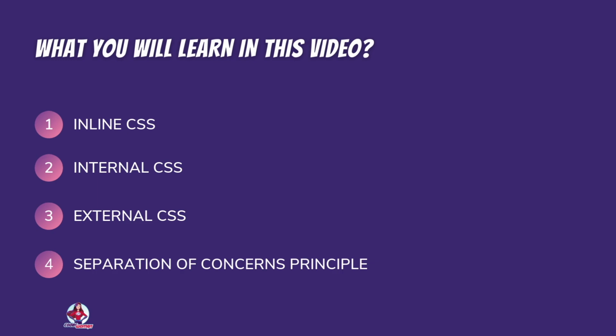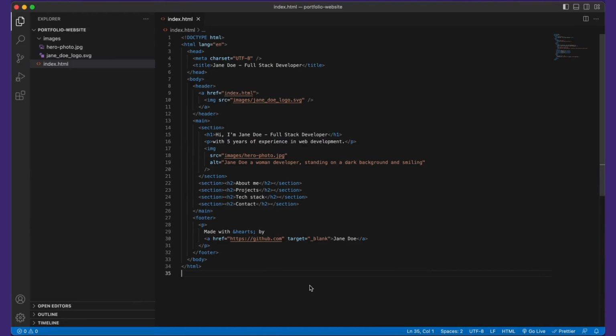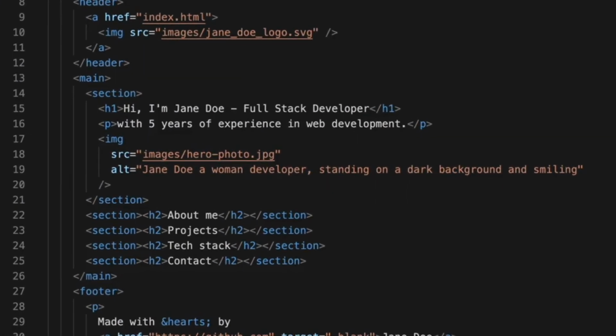Let's get started. Inline CSS means applying styles directly to an HTML element using the style attribute. It's the most straightforward way to add styles, but it has limitations. Let's see an example. Let's add the style attribute to the paragraph in the hero section of our project.